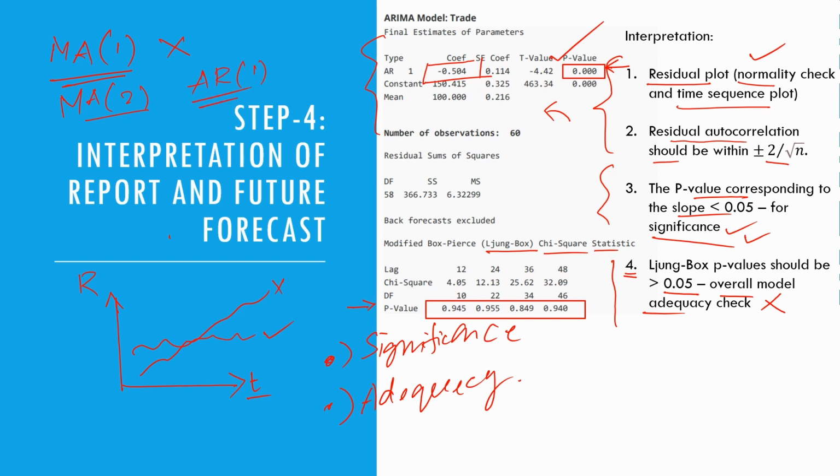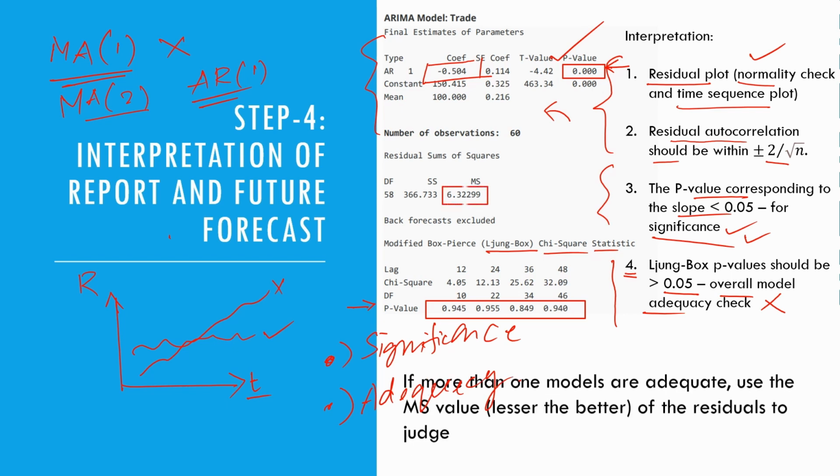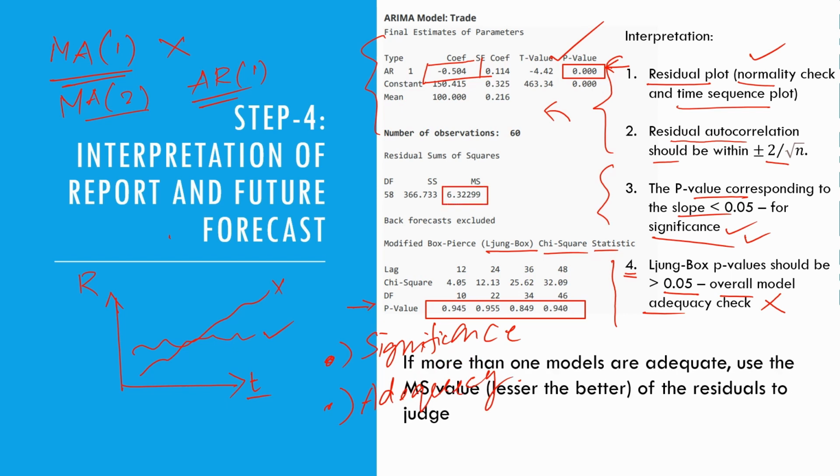You check for that. But what will happen if you find that more than one model is significant and adequate? For that, you consider the MS value. Suppose you find that MA1 and AR1 are both significant and adequate.